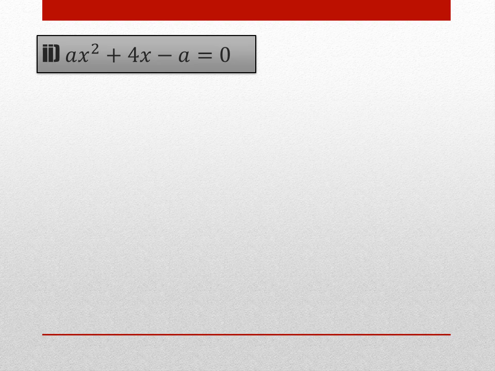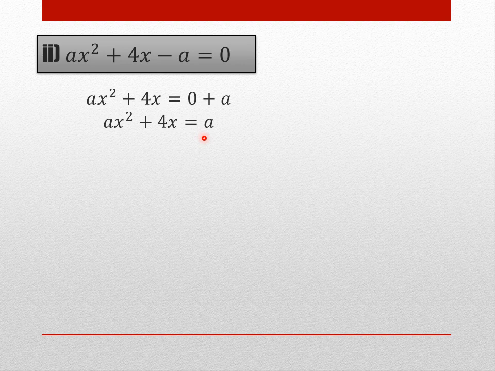It was to take the constant term to the other side of the equation and keep all the variable terms to the left side. So I have taken a with 0, 0 plus a, it would be a. So our equation now is ax square plus 4x equals to a.